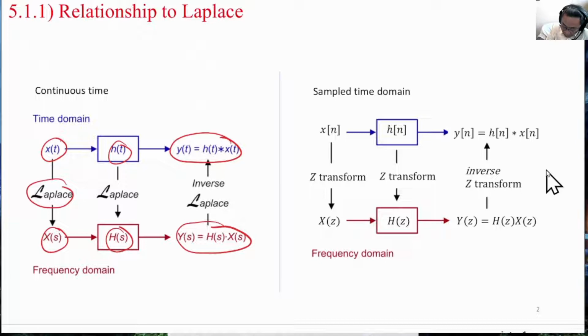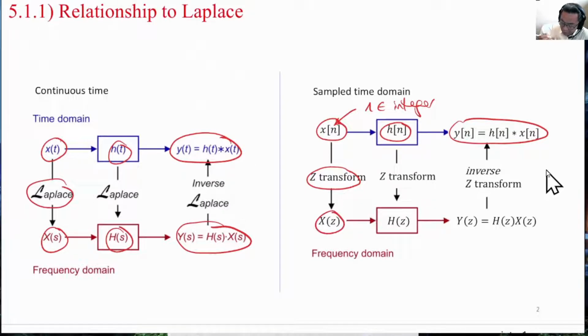Similarly, if we have the system x of n, which is the input, going into a discrete-time system h of n, then the output is still a convolution between h of n and x of n. Remember, we are now in discrete time, where n belongs to integer values. When we perform the Z-transform, we get X of z.